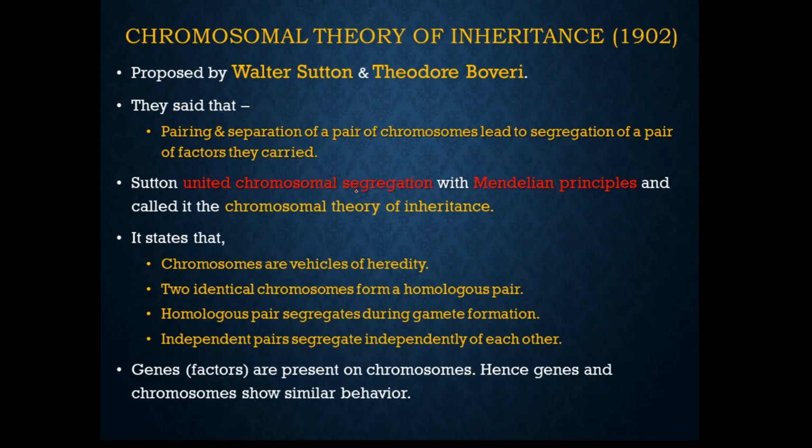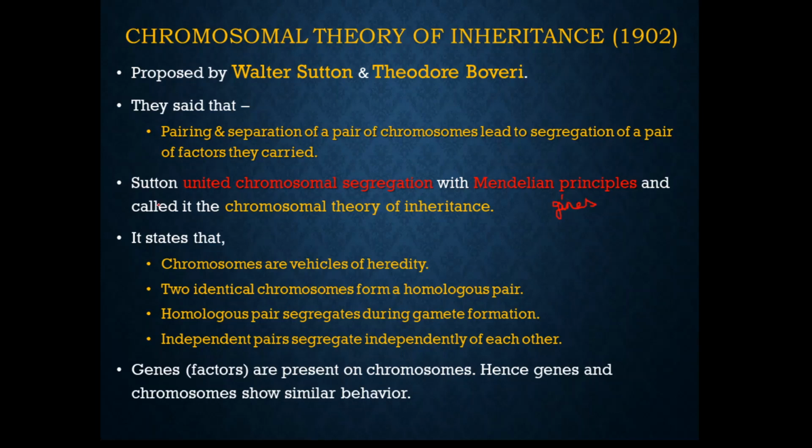He saw how the chromosomes are segregating, and he also understood Mendelian principles. So through Mendelian principles, what are we observing? Through Mendelian principles, we are observing the genes. So we know that genes are segregating here. We identify the genes segregating from the Mendelian principle.